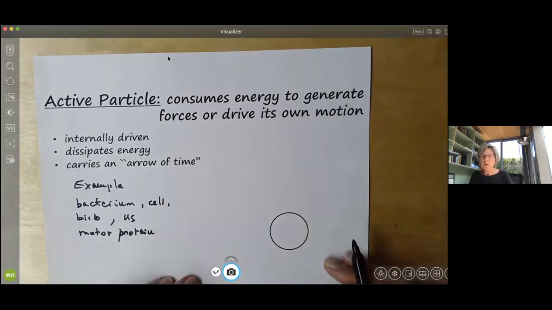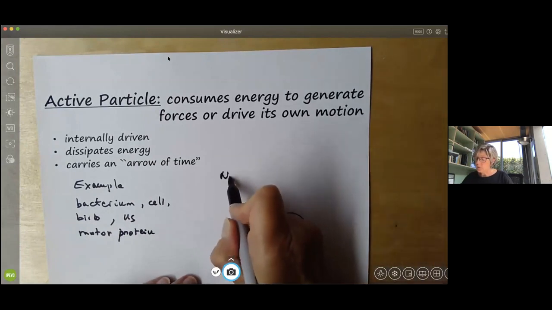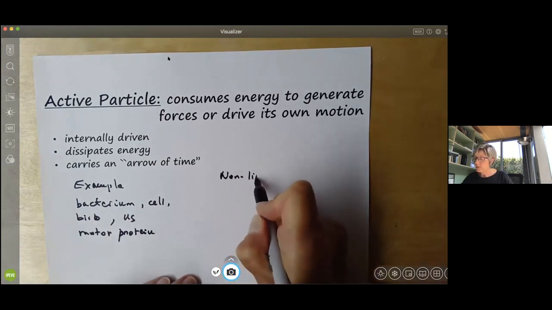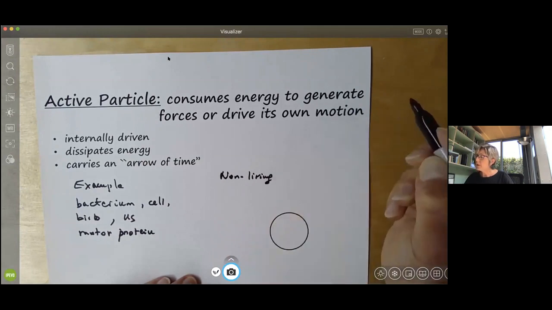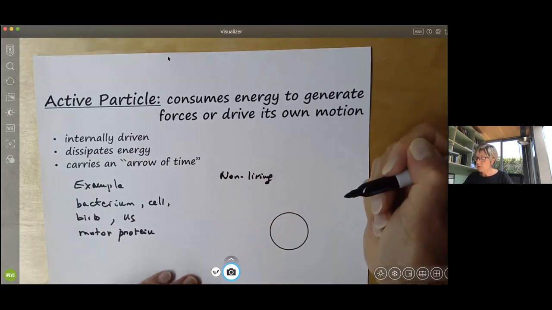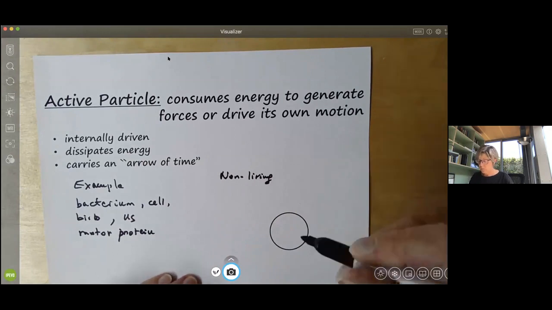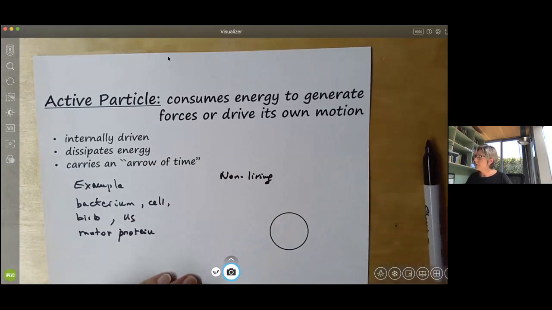And there are also examples from the non-living world, that is, man-made active particles. An example is what we could call a microswimmer propelled by a self-catalytic reaction.